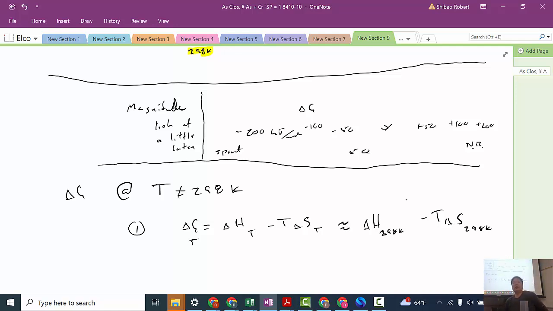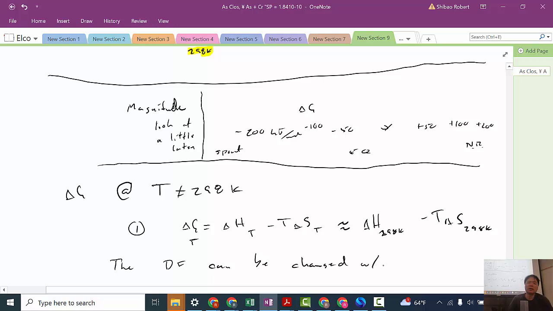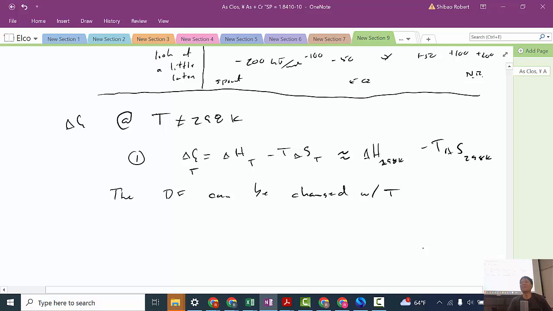So this gives us a way of manipulating the driving force. The driving force can be changed with temperature. In fact, we can completely reverse the driving force with temperature for some reactions.